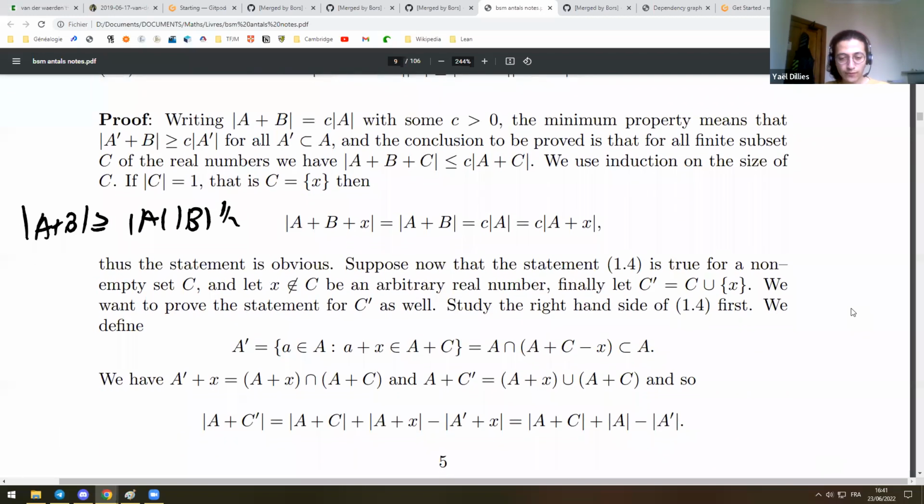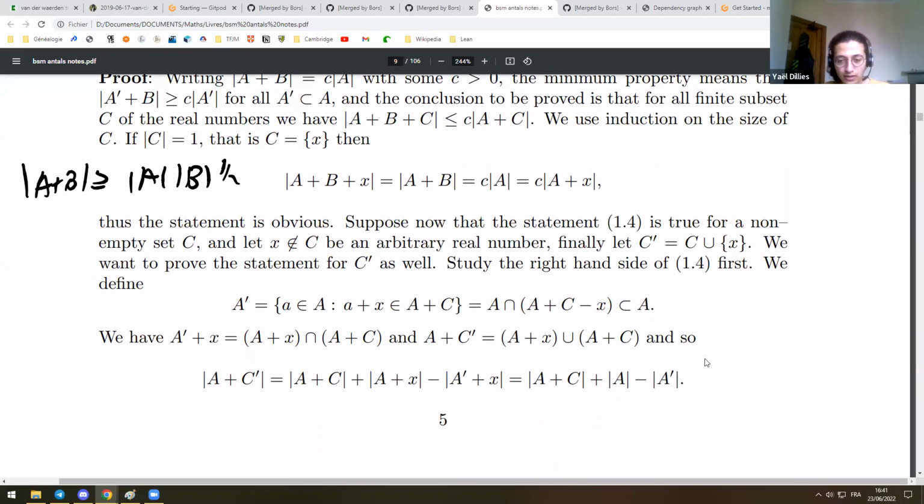So for example, let's just isolate this thing. We do not care about the definition of A and C. I just want the definition of A prime and this and that.